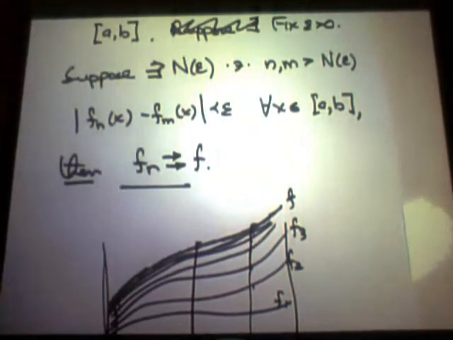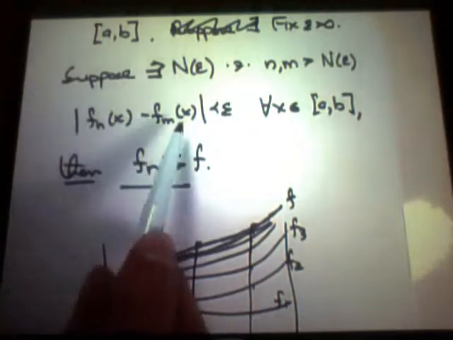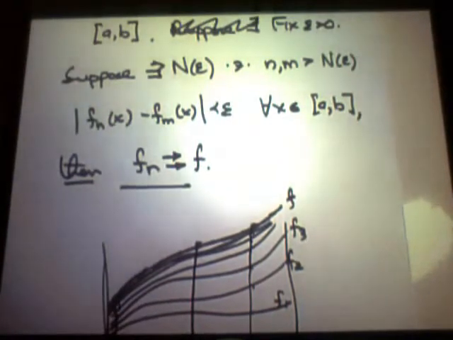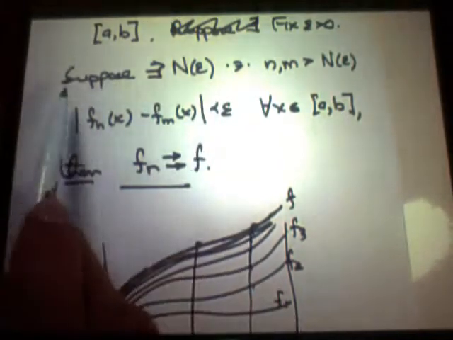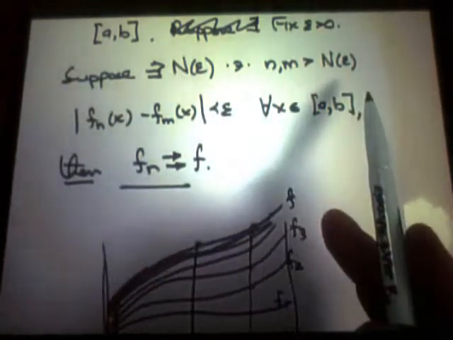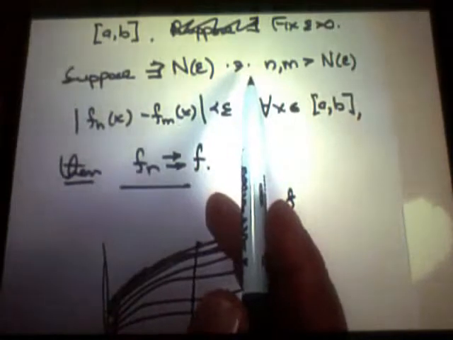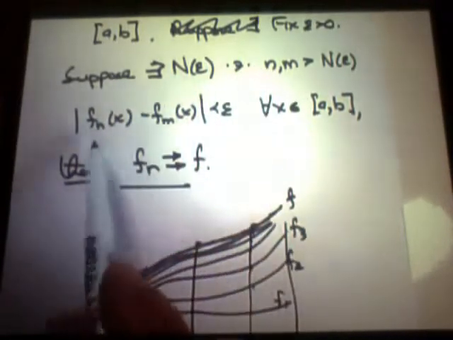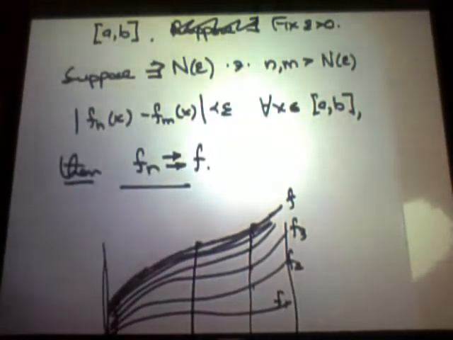And what do we know about Cauchy sequences? They all converge. What do they converge to? A pointwise limit of this thing. So built into this statement here is the existence of f, the pointwise limit function. I'm supposing that this is happening, and the supposition is enough to force the existence of the limit function.